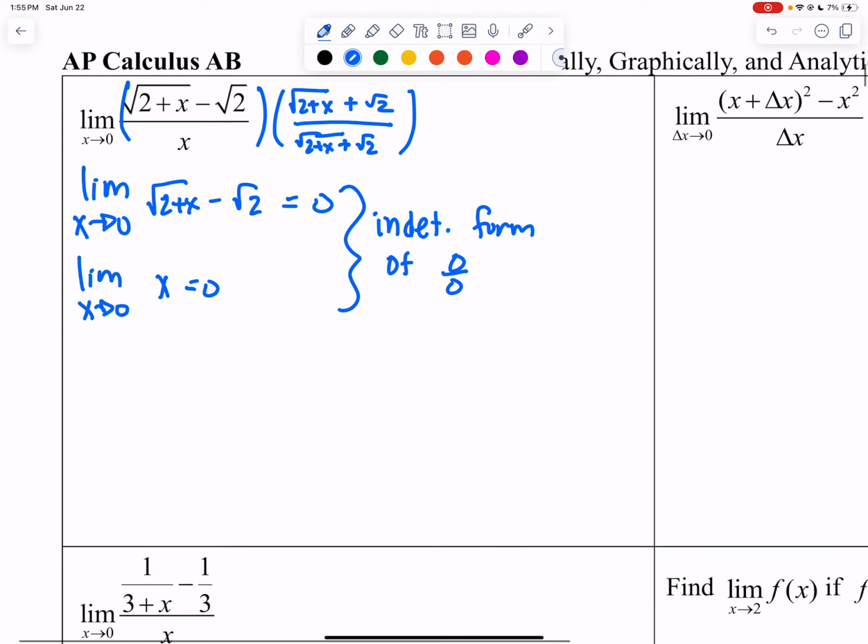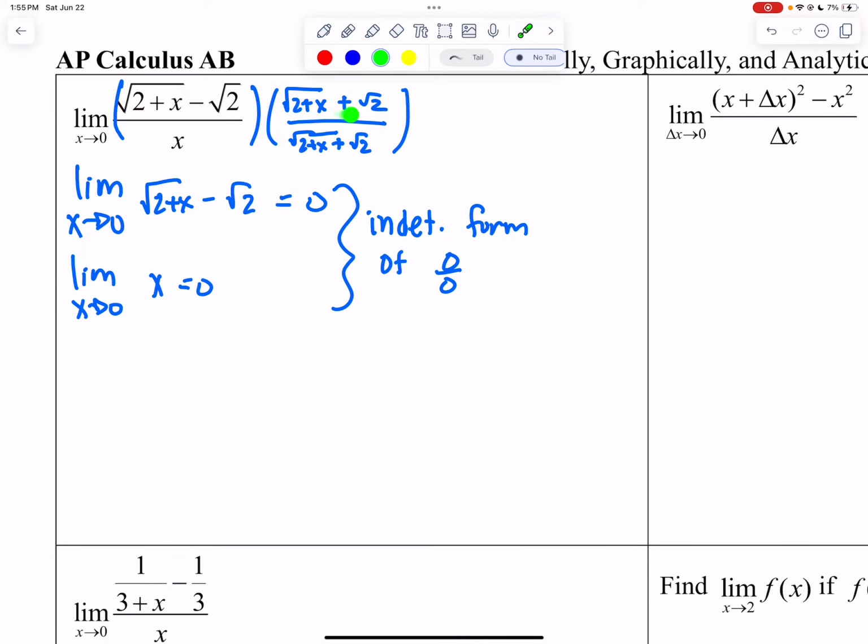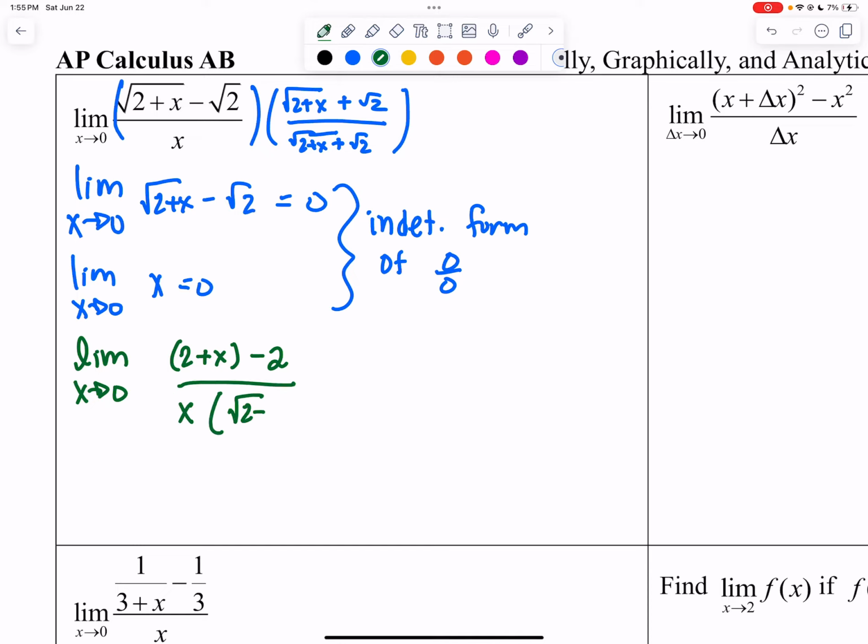Now, why did I multiply by the conjugate? Well, if I multiply this out, I'm going to get the limit as x approaches 0 of 2 plus x minus 2 whenever I multiply this out. Then I have x over the square root of 2 plus x plus root 2.